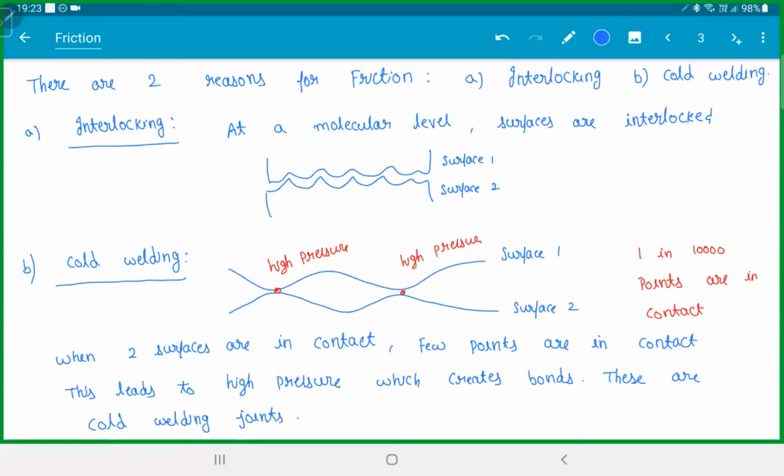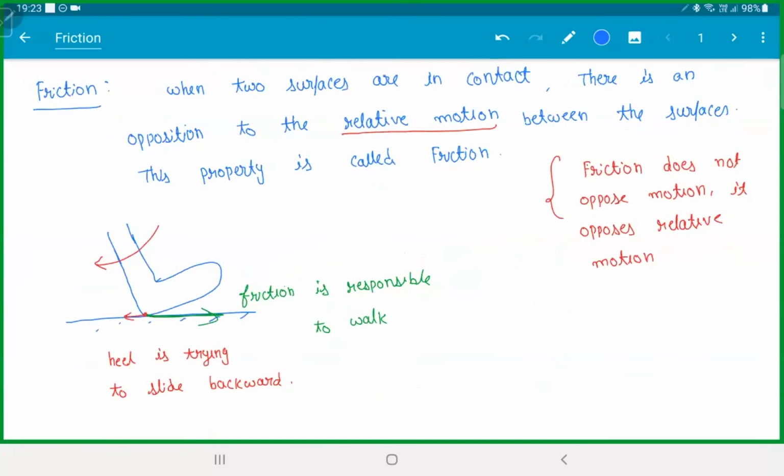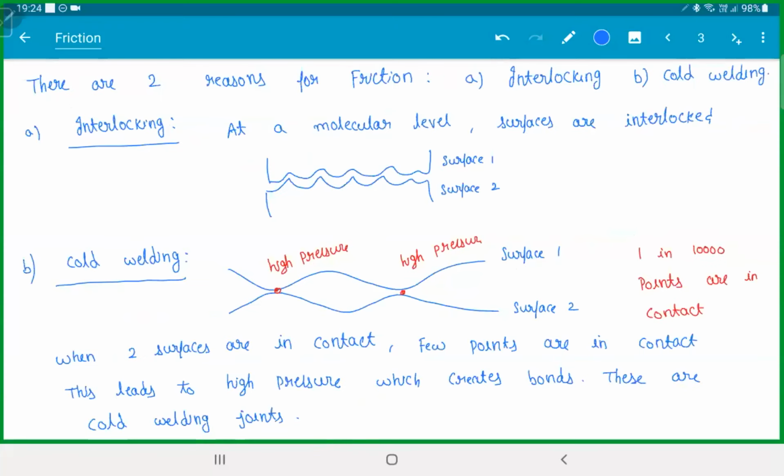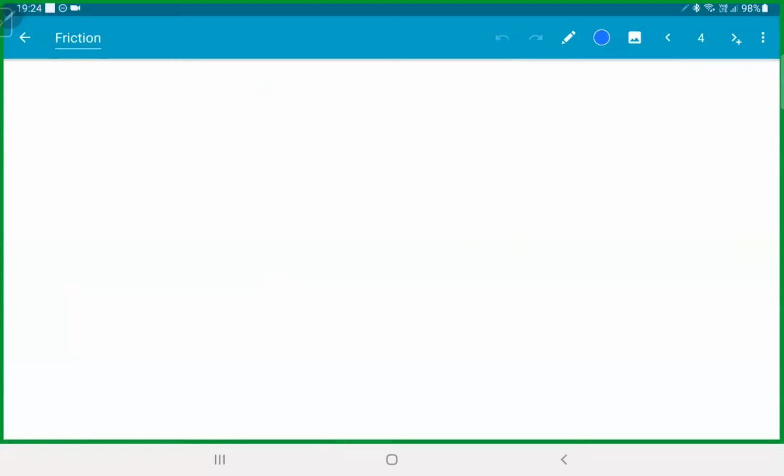First page of friction. Clear? So that is one.